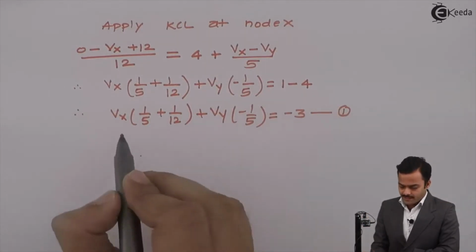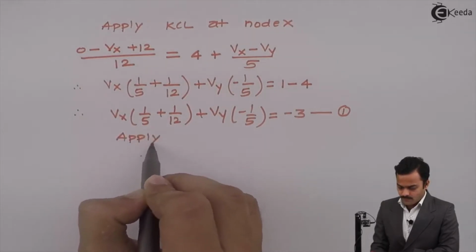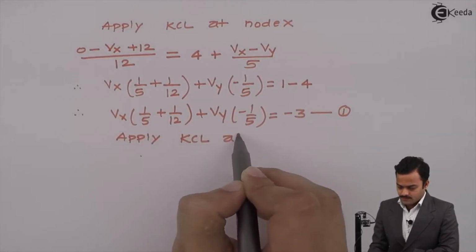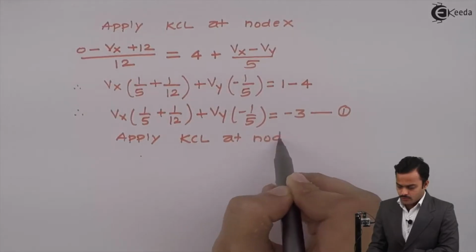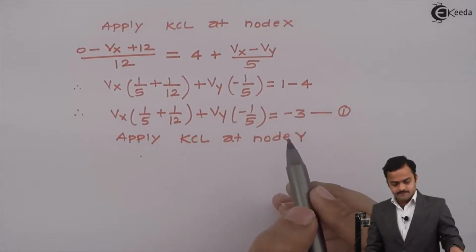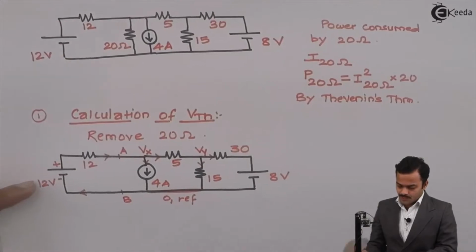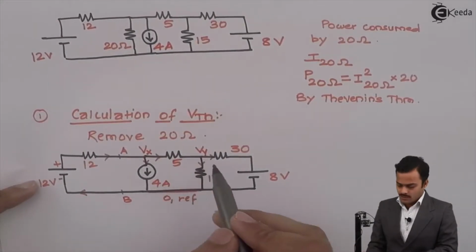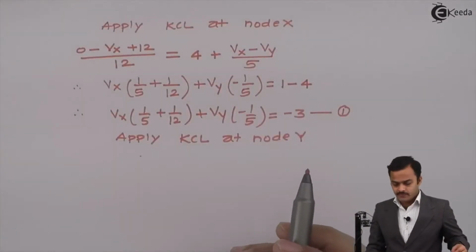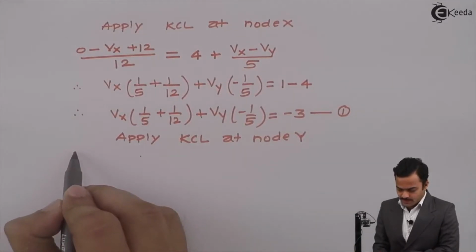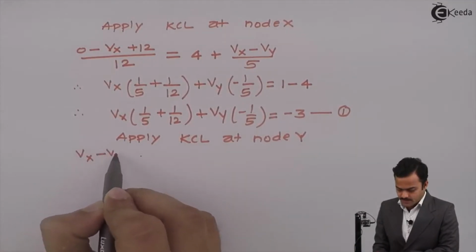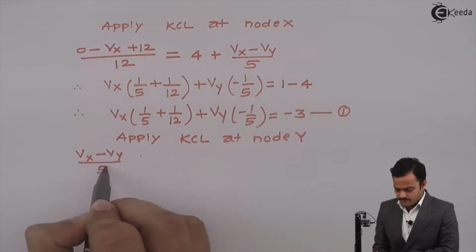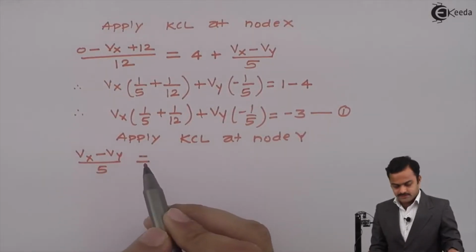In the same way, I can apply KCL at node Y. At node Y, I am having one incoming current and two outgoing currents. Let's write equations for them. For the incoming current, it is Vx minus Vy divided by 5, and two outgoing currents.